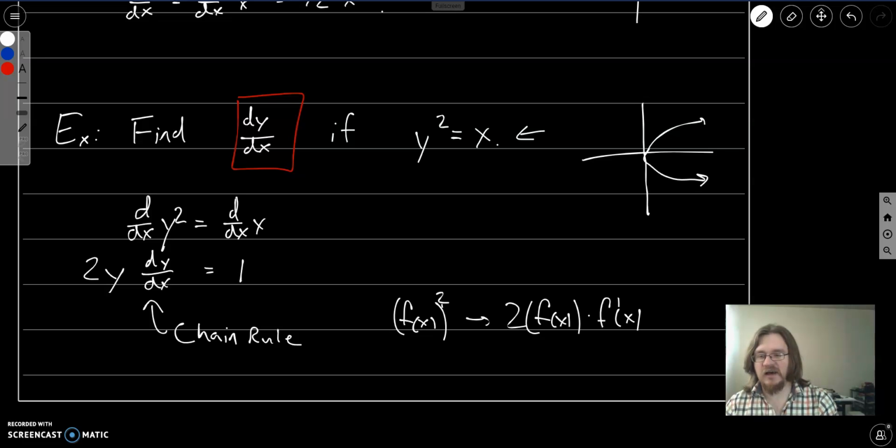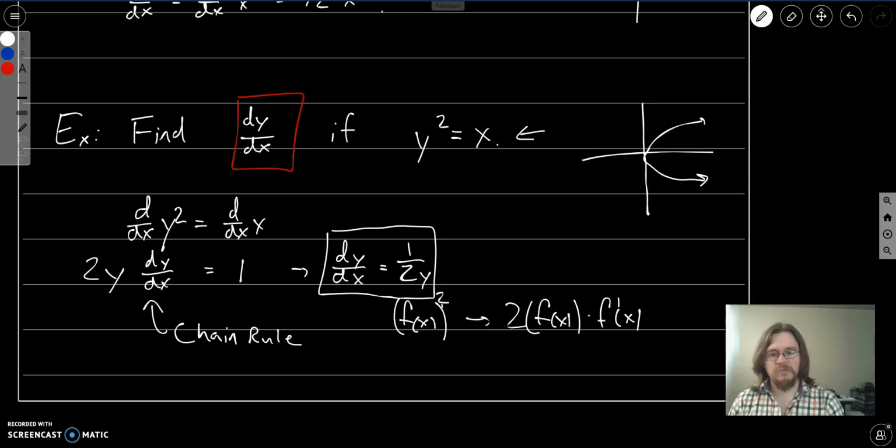So if I solve for that, I just divide both sides by 2y, and I get dy dx is equal to 1 over 2y. There is my answer. The derivative of y with respect to x, when it satisfies this equation, is 1 over 2y.